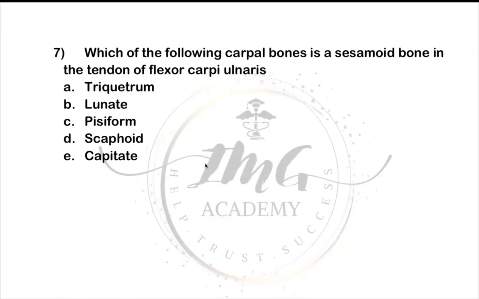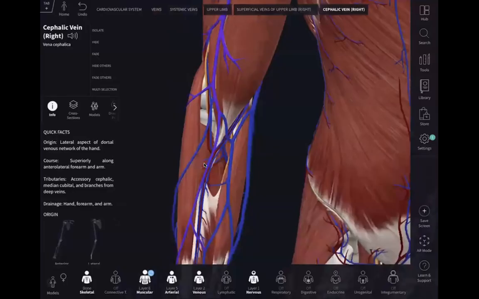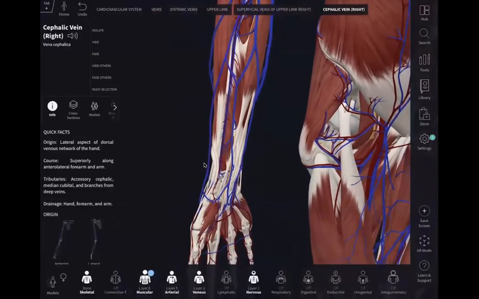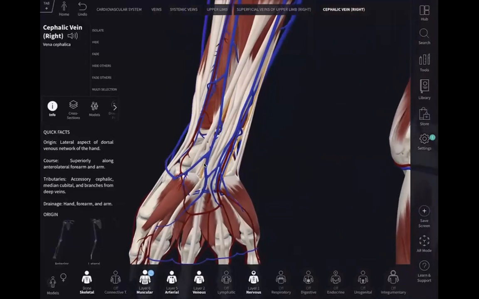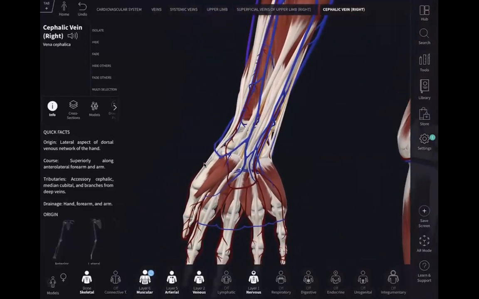Which of the following carpal bones is a sesamoid bone in the tendon of flexor carpi ulnaris? A. Triquetrum. B. One second, Dr. Mitunjay. See, the flexor carpi ulnaris.